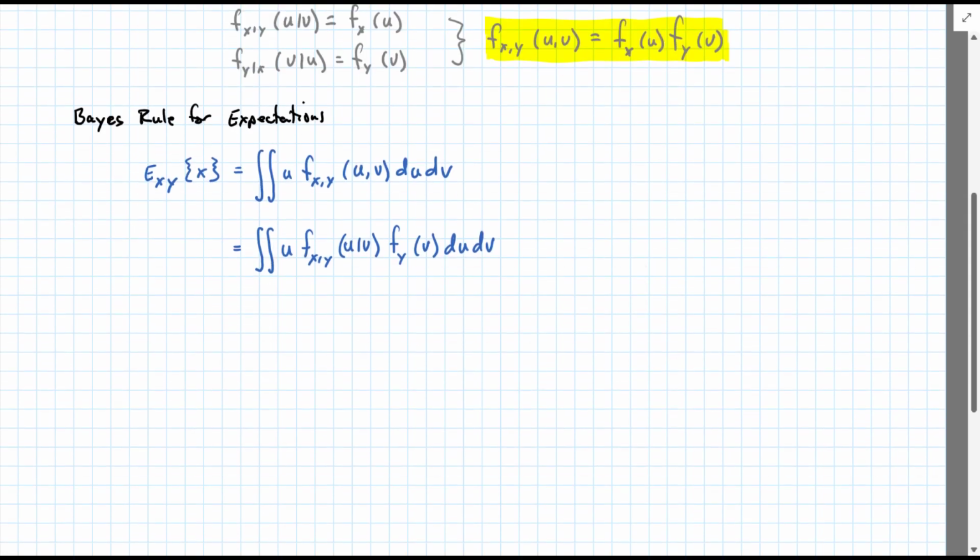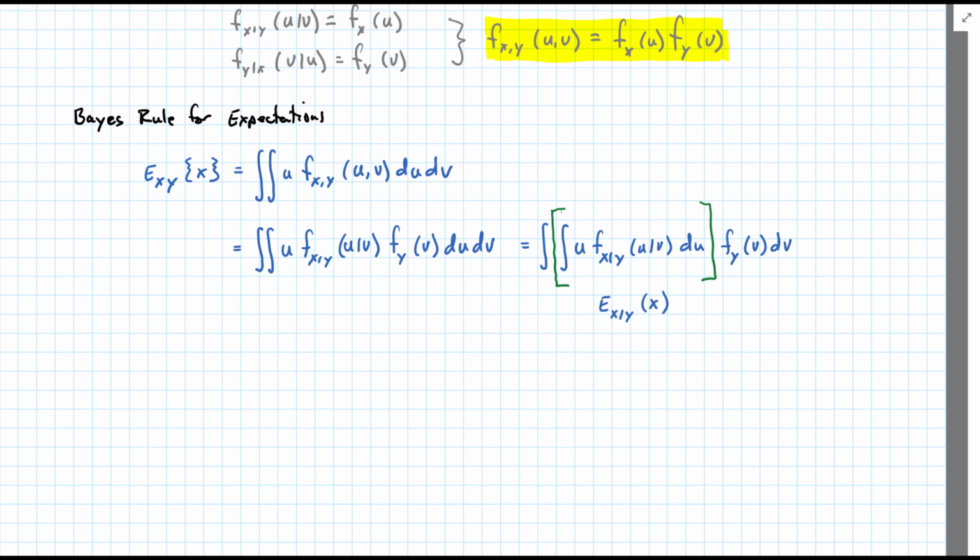Well, by slightly rewriting this, we can come up with this expression. And note that this term in the middle here is simply the expected value of x given y, and we can write it like that.